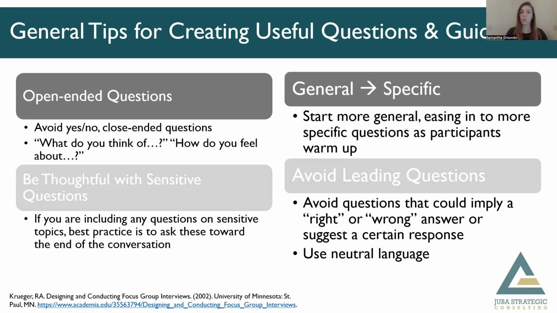And starting off with more general, easy questions to answer is really helpful for getting the natural flow of the conversation going, and then moving into more of the specific research questions. We also want to be thoughtful with sensitive questions. So if there are questions on your research topic of interest that might be sensitive to talk about, best practice is to try to keep these more towards the end of the conversation.